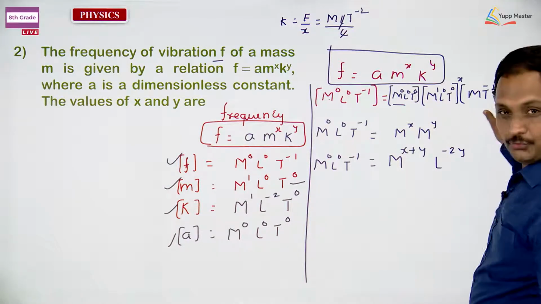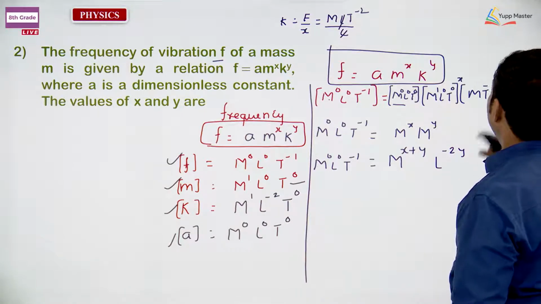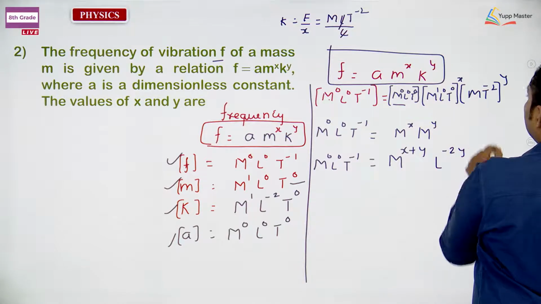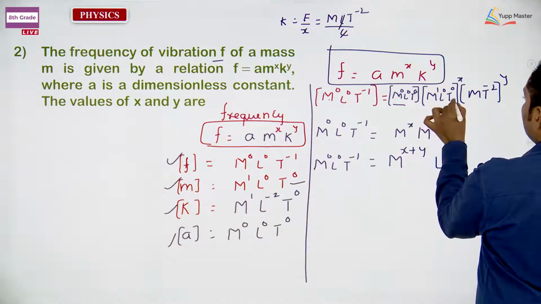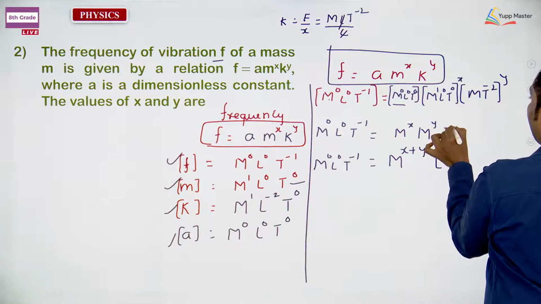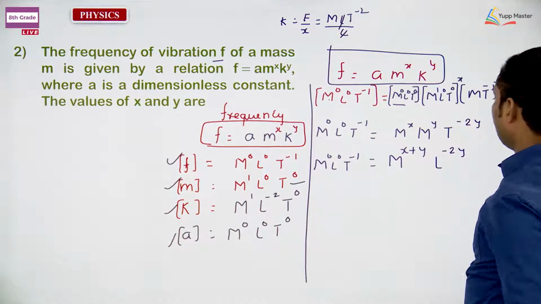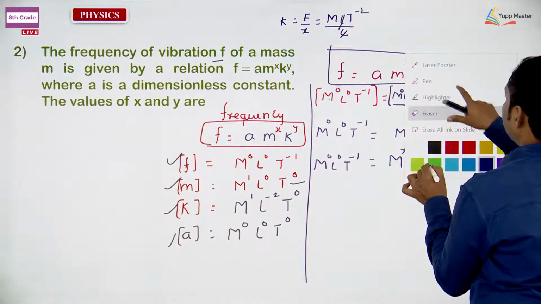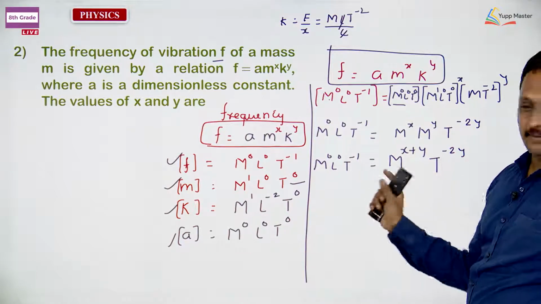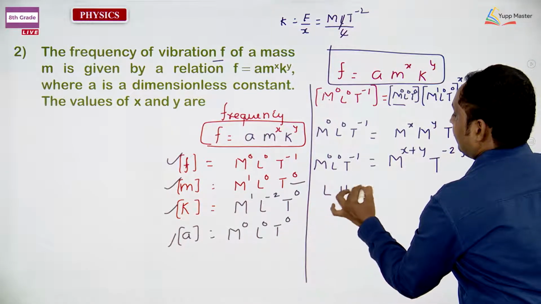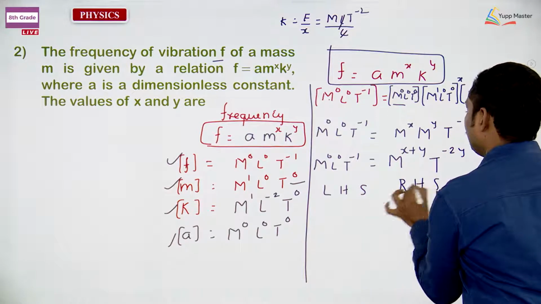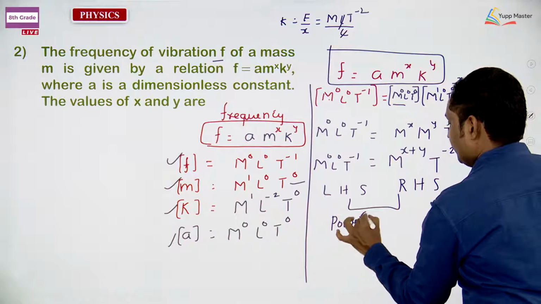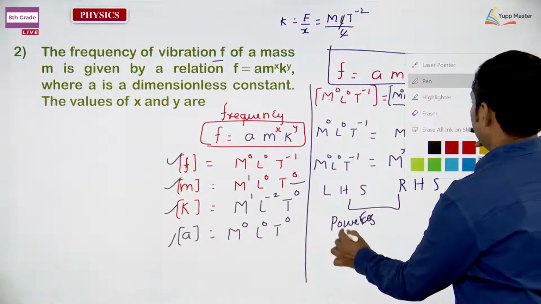All the people have to follow this one, please have a look. We are going to get m power x, m power y, and t power 0, t power minus 2y, very good.